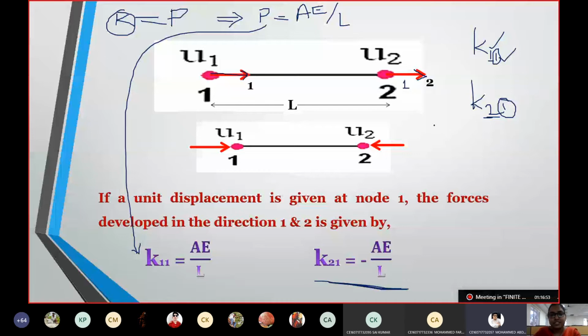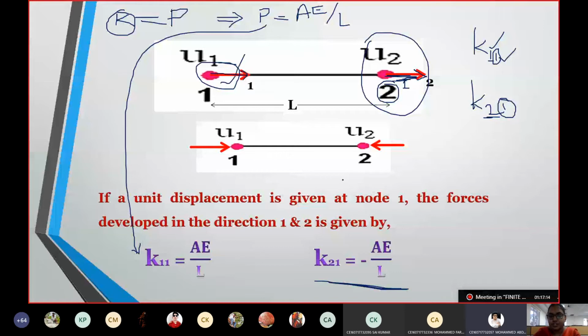But for stiffness, the rule is that where the unit displacement is applied, all the other nodes, except that node, are restricted from displacing. So I need to restrict coordinate 2 from the displacement happening due to the displacement given here.